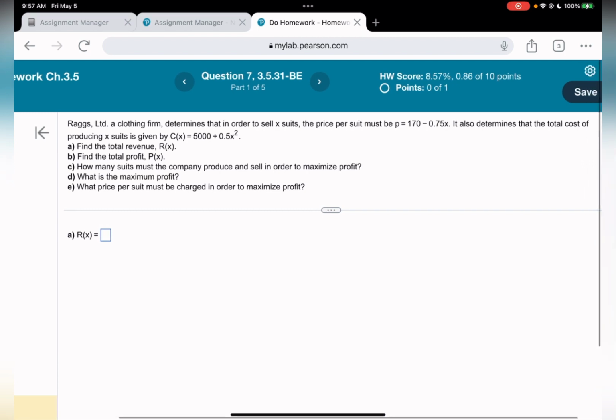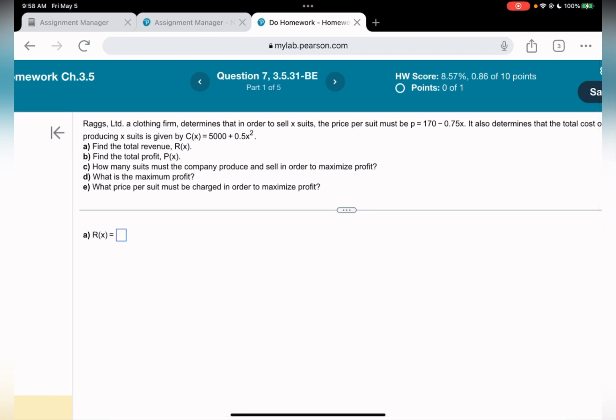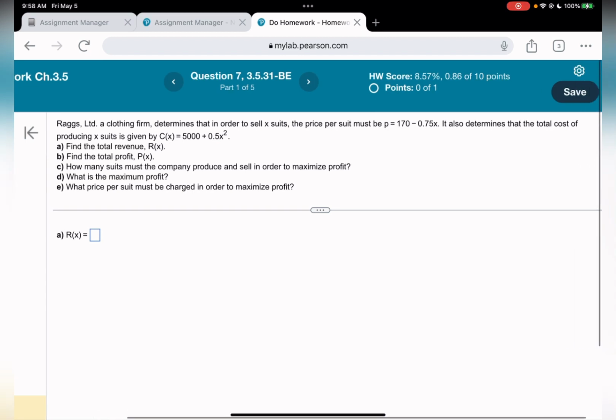It also determined that the total cost of producing x suits is C of x equals 5,000 plus 0.5x squared. Given price is per unit, but cost is the total cost of producing x suits.